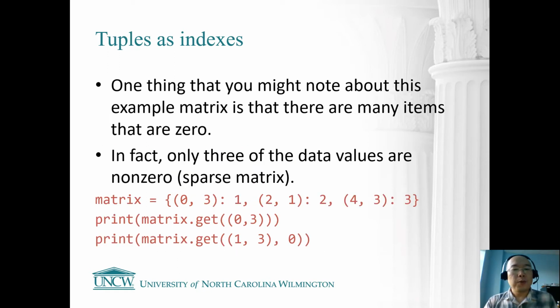Okay, so let's see another version. For this version, I'm recording that at index 0 and 3, there is a 1. In the parentheses, the tuple, I'm recording the x and y coordinates, or the indexes in the nested matrix, so that I can grab that value. Let's take a look at the 1 again.